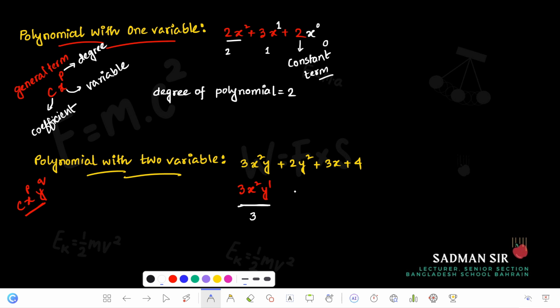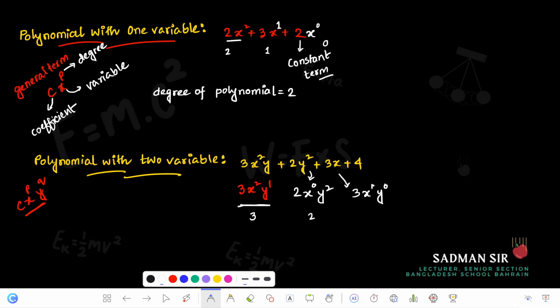Now if I write it in this way, you can say that okay, one variable is missing. So what to do about that? The variable which is missing, we will put the degree of that as 0, and then y square. So you can see we wrote it in this shape. What is the degree of this term? The degree of this term is 2, 0 plus 2. And then we have 3x to the power 1, and as y is absent, y to the power 0.